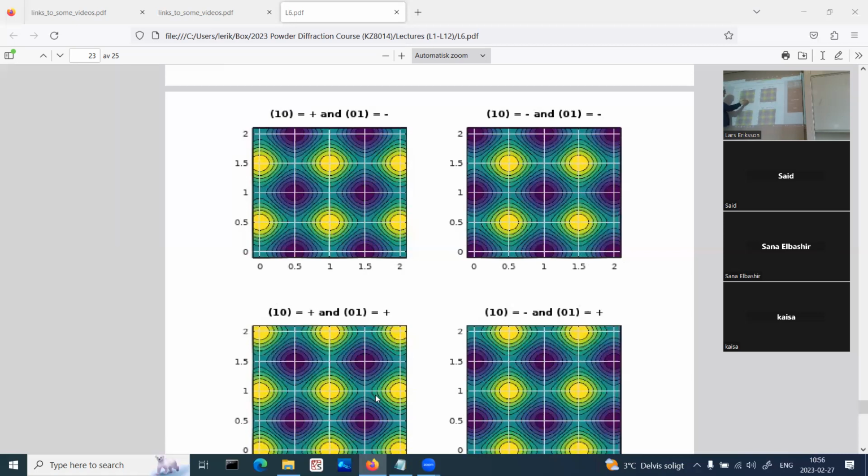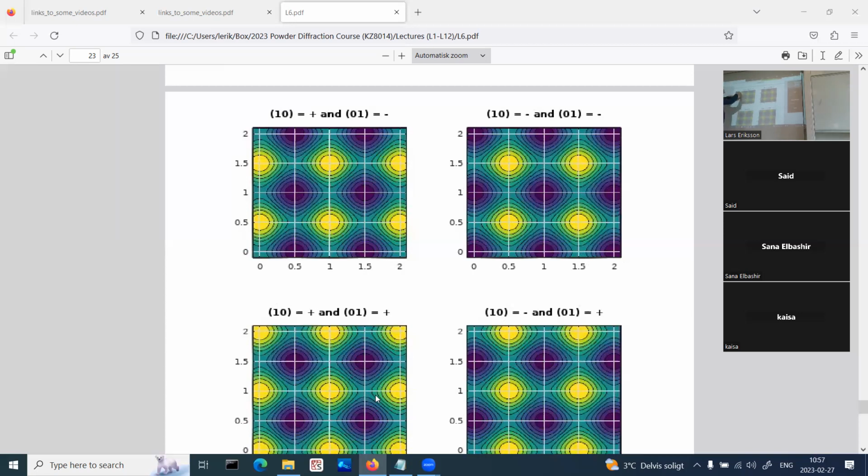We can see it as, now let's see. Negative. Why isn't it here? Positive, positive, then it should be positive. This is simple, oh yeah, sorry. This is the unit cell.